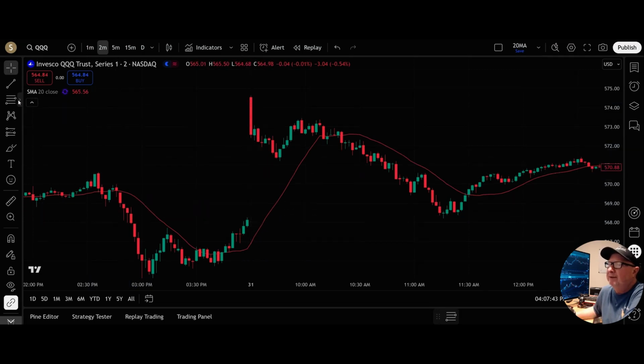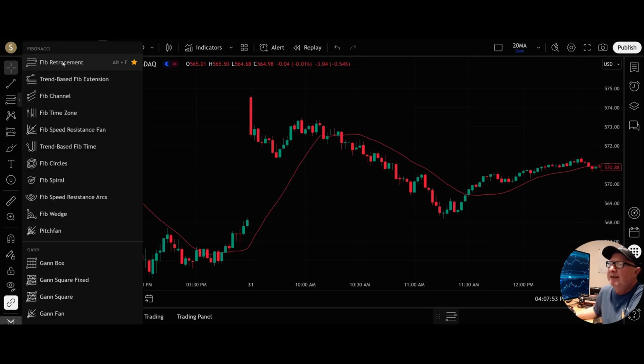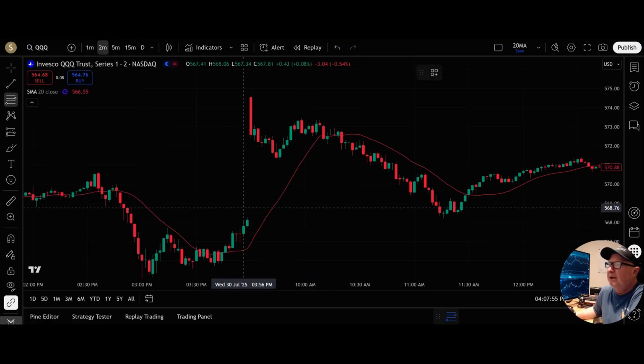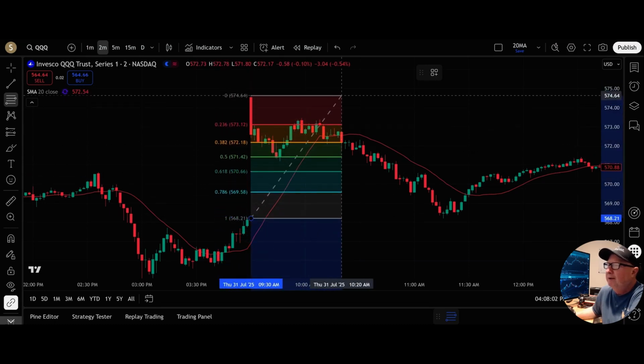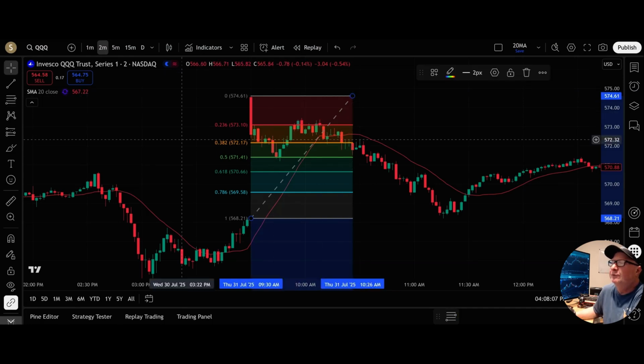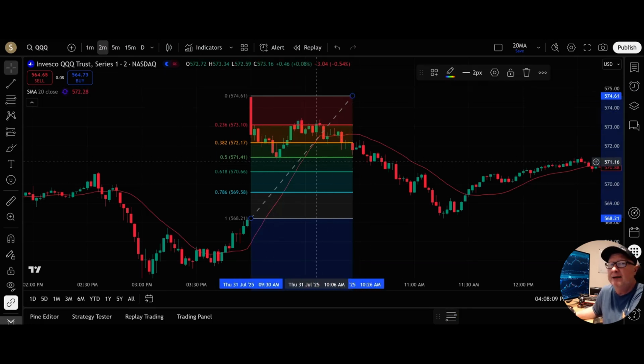If you go over to the left, again in TradingView, but Fibonacci numbers are available on basically any charting platform, click into Fibonacci retracement, start at yesterday's close and move up to the opening this morning. This is what it's going to look like when you draw in those Fibonacci numbers.